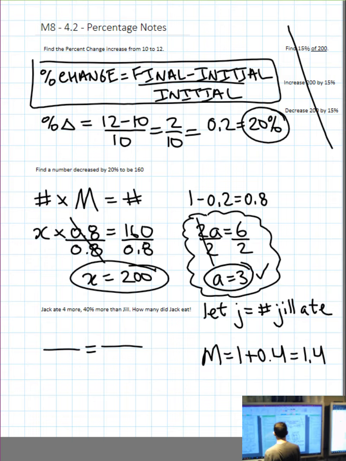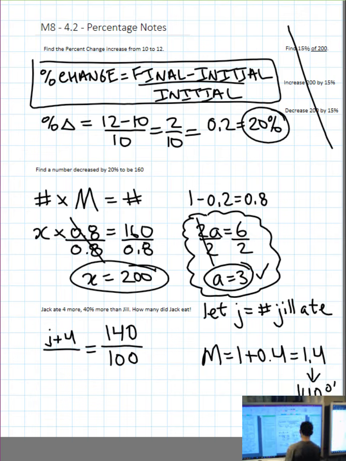Well, the number that Jill ate, J, plus 4. And we know that our multiplier is 1.4, or we can use decimal over 100, percentage over 100, so 140%. Off to the right, 1.4 is 140%. Going into our formula, is over of equals percentage over 100.